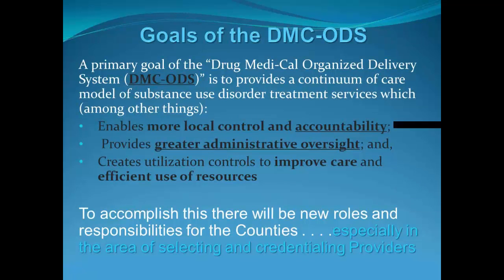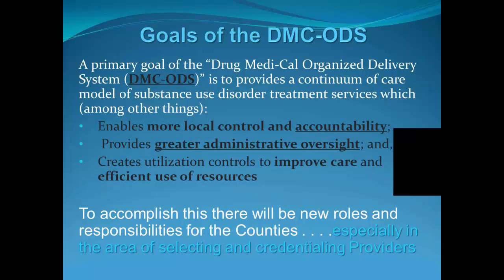We'll get to goals of Drug Medi-Cal, and some of these in the Drug Medi-Cal organized delivery system. There is enabling and looking at more local control and accountability. Of course, this is really local control coming to the counties. Greater administrative oversight.